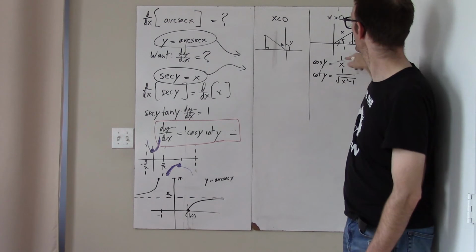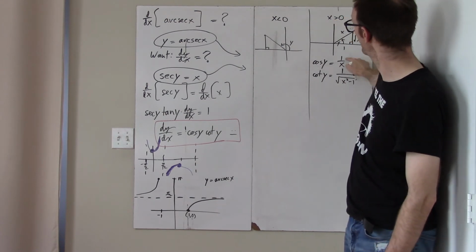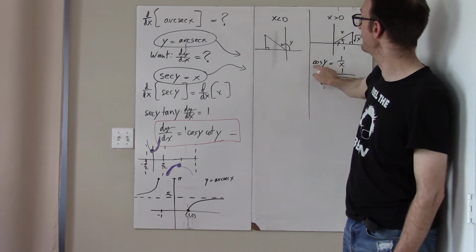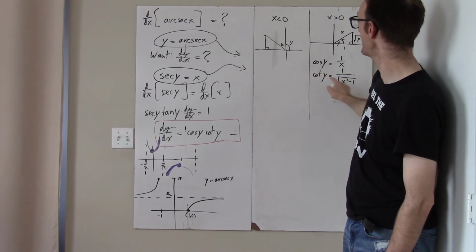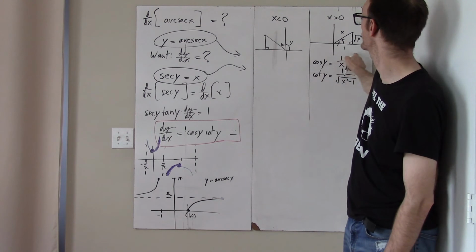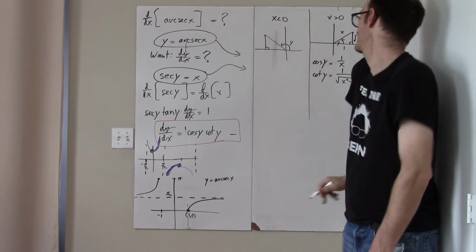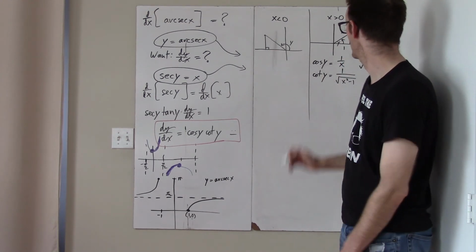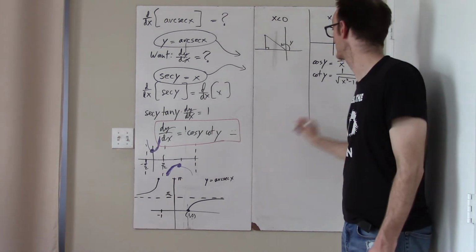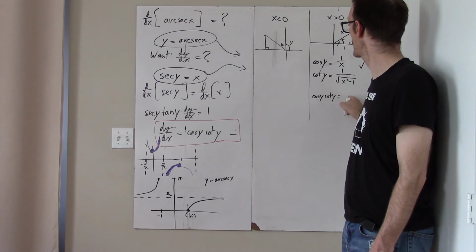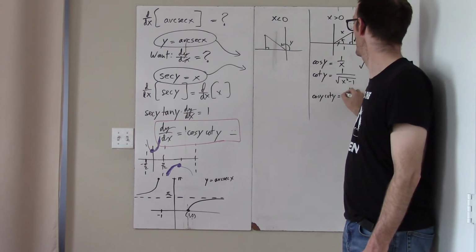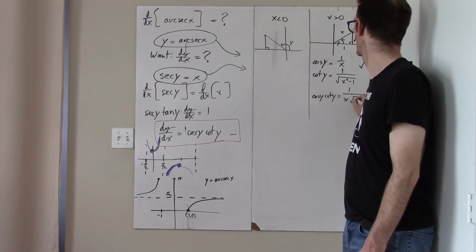Okay. Since x is positive, 1 over x will be positive, and we should expect the cosine of a first quadrant angle to be positive. And this is also positive, and we should expect the cotan of a first quadrant angle to be positive as well. So there it is. And so the thing I wanted, cosine y times cotan y, is in this case just 1 over x root x squared minus 1.